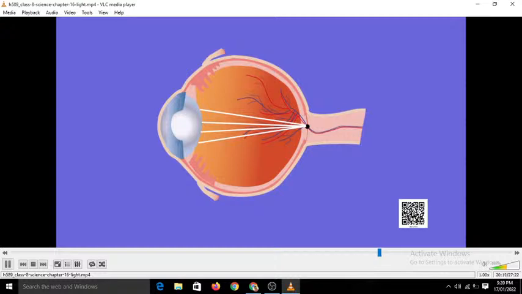Children, let's understand blind spot with the help of an activity. Make a round mark and a cross on a sheet of paper at some distance. Hold the sheet of paper at an arm's length from the eye. Now close your left eye. Look continuously at the cross.